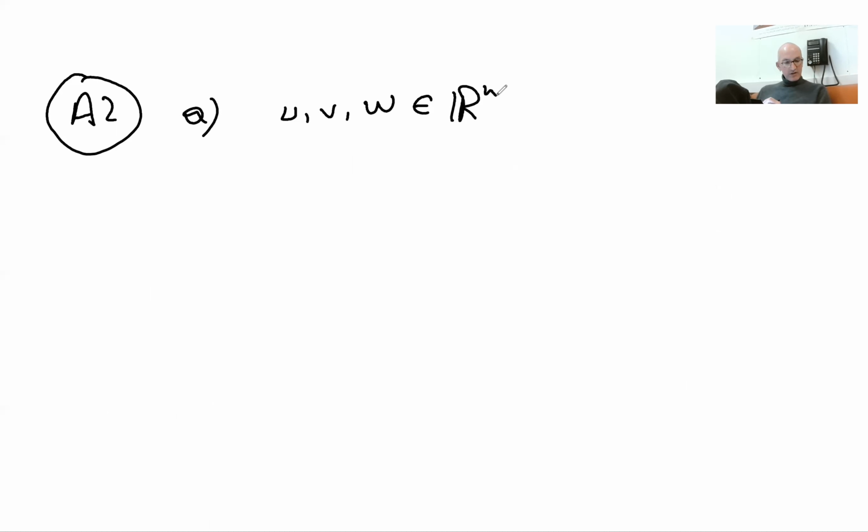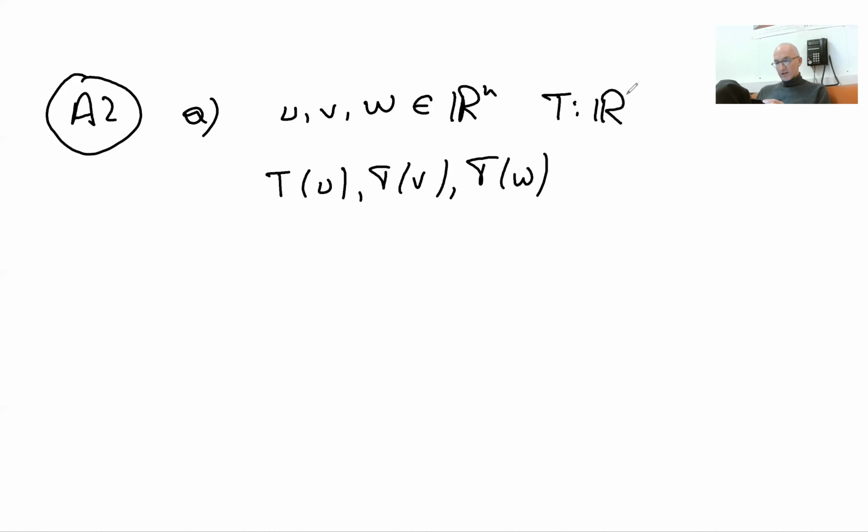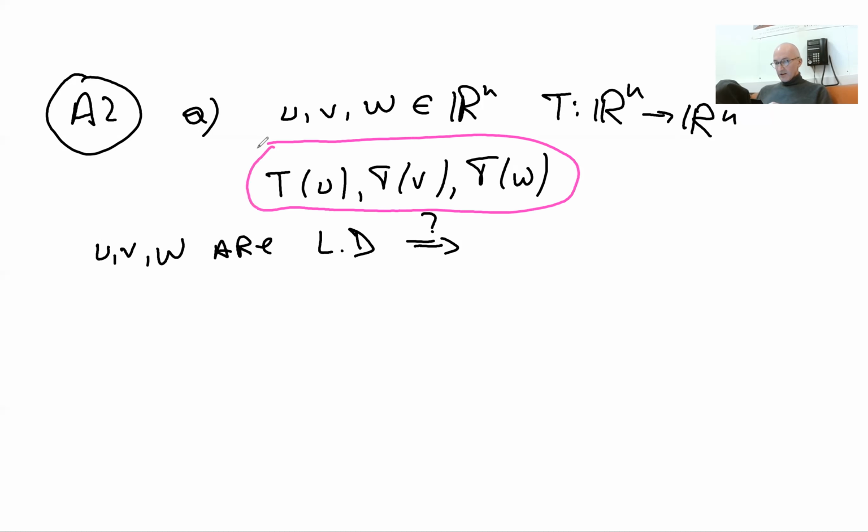And the question is, is it true that if they are linearly dependent, then T of u, T of v, T of w are linearly dependent as well, where T is some linear operator from Rn to Rn? Yeah, this is true.